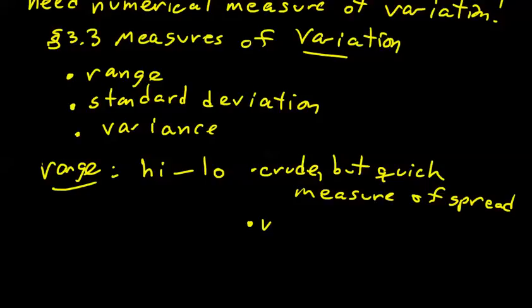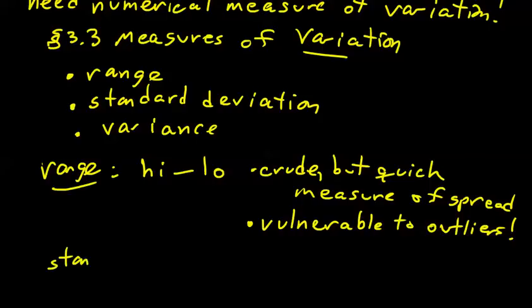Of course, the big drawback, as you might have predicted, it's vulnerable to outlier effects. It is totally dependent on outliers. So if you've got fluky data susceptible to fluky values, you probably will not pick range as your measure of spread.